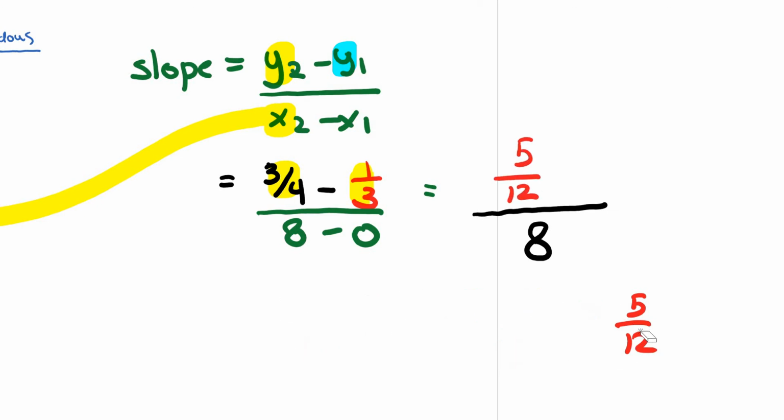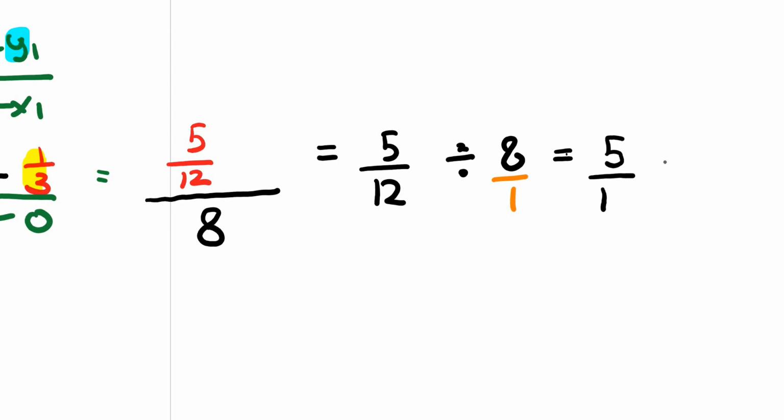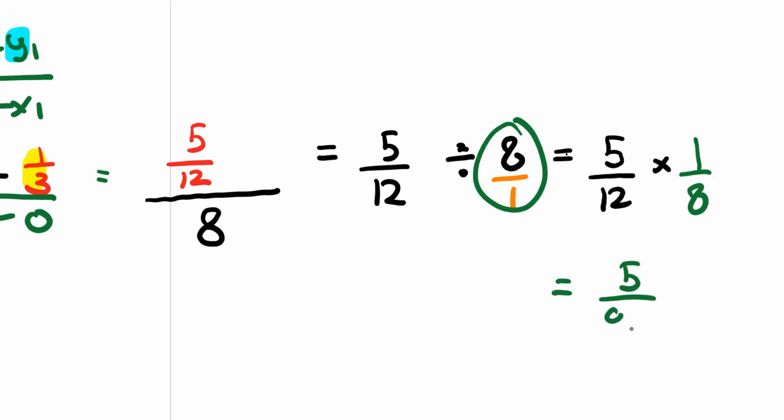Okay, and then just to kind of finish up here, how do I finish off this calculation? Well, this is the same thing as 5 over 12 divided by 8. Now I can divide it by 8 over 1. And now this is the same thing as 5 over 12 times, and then I can flip this fraction, times 1 over 8, which is 5 over 96.